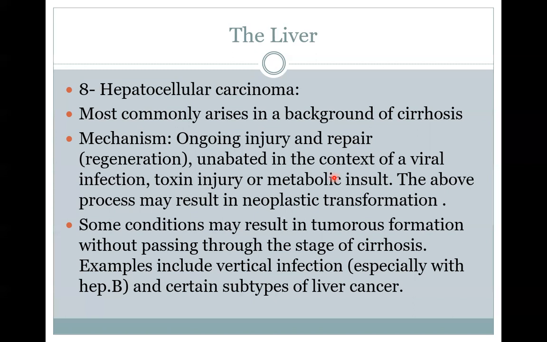So you will see that cirrhosis is going to be there for a lot of the entities that precede hepatocellular carcinoma. But it does not need to be there.